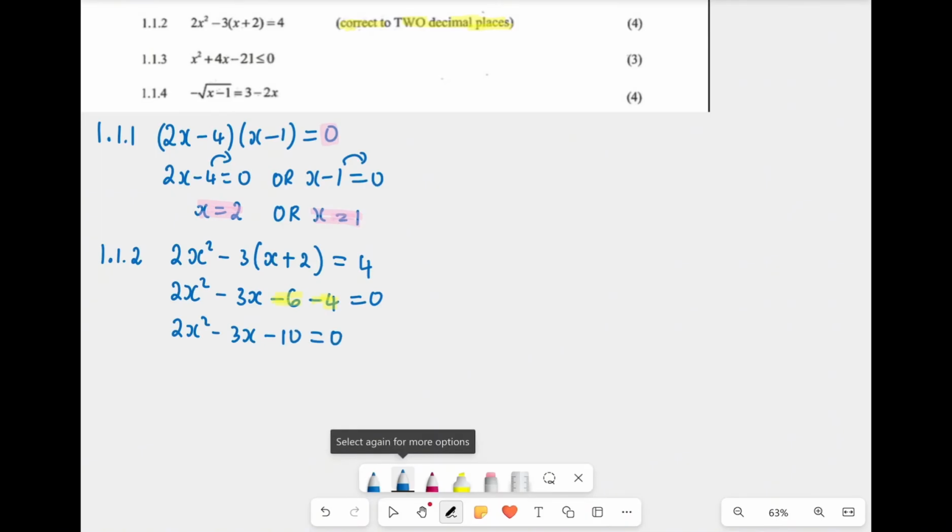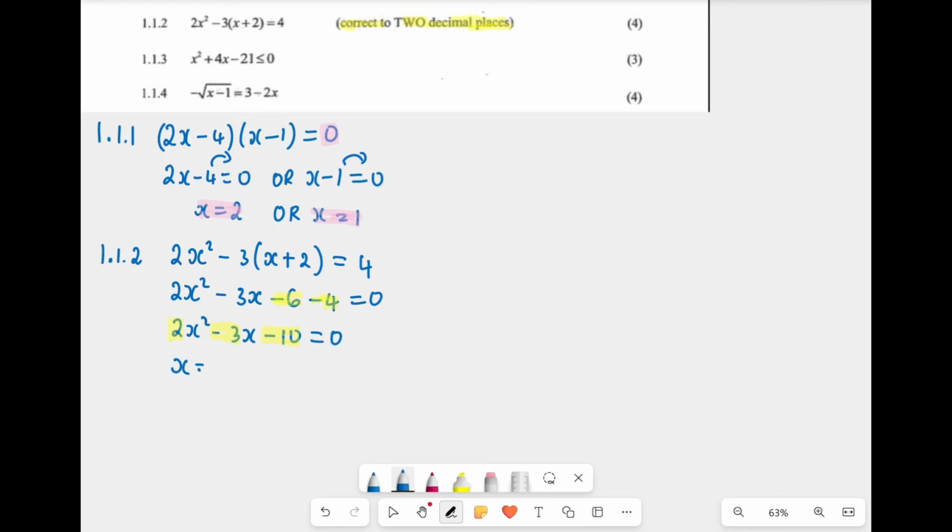From here, I can see my value of a is positive 2, my value of b is negative 3, and my value of c is negative 10. The quadratic formula for grade 12 is provided in the information sheet, but for grade 11, you need to know all the formulas by heart.